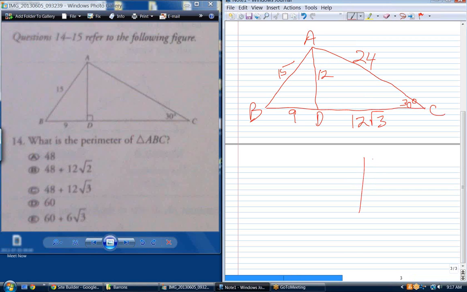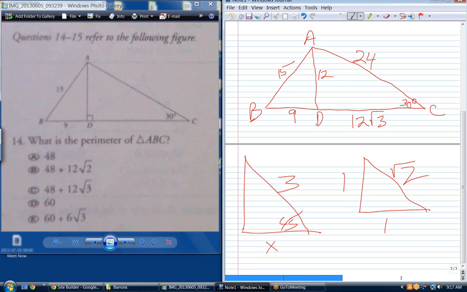What's the 45, 45? It's 1, 1, square root of 2. And if I have another 45, 45 over here, whose dimension is 3, what's the sides on this one on the left? 1 over root 3.